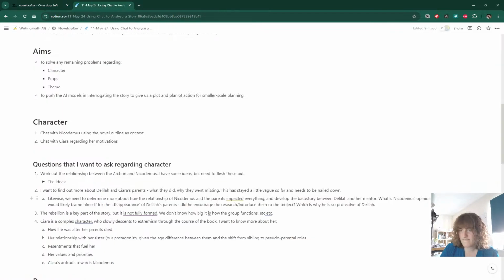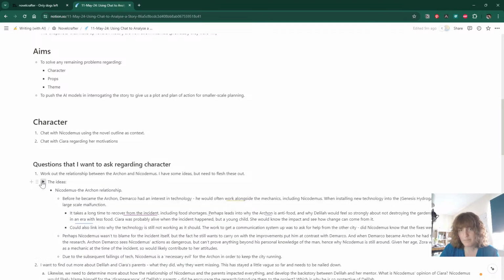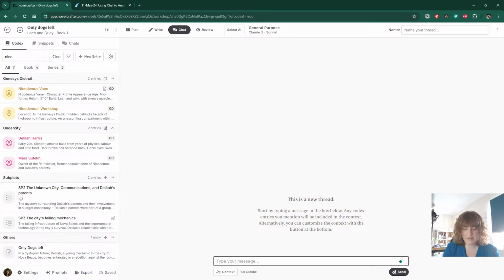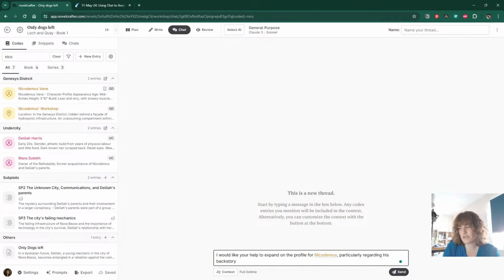And so the first thing I want to do is work out the relationship between the Archon and Nicodemus. I have some ideas, but I need to work on fleshing them out. So I'm going to say, I would like your help to expand on the profile for Nicodemus, particularly regarding his backstory.